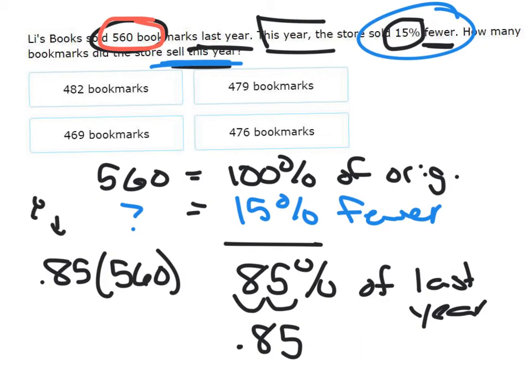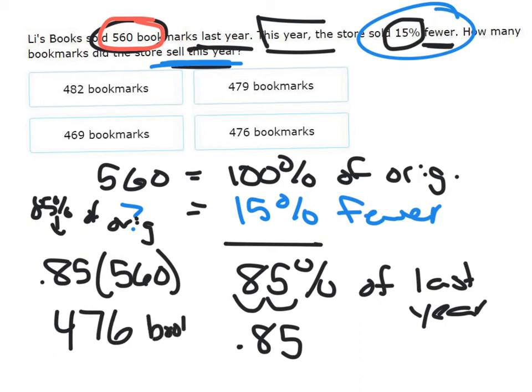I have 85% of original value. When I multiply those together, I get 476 bookmarks. And I can look up here, there's my correct answer.